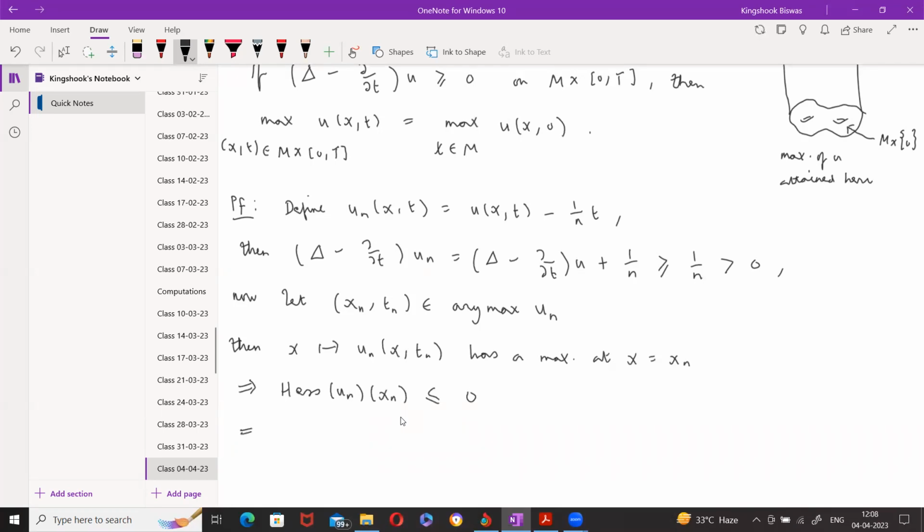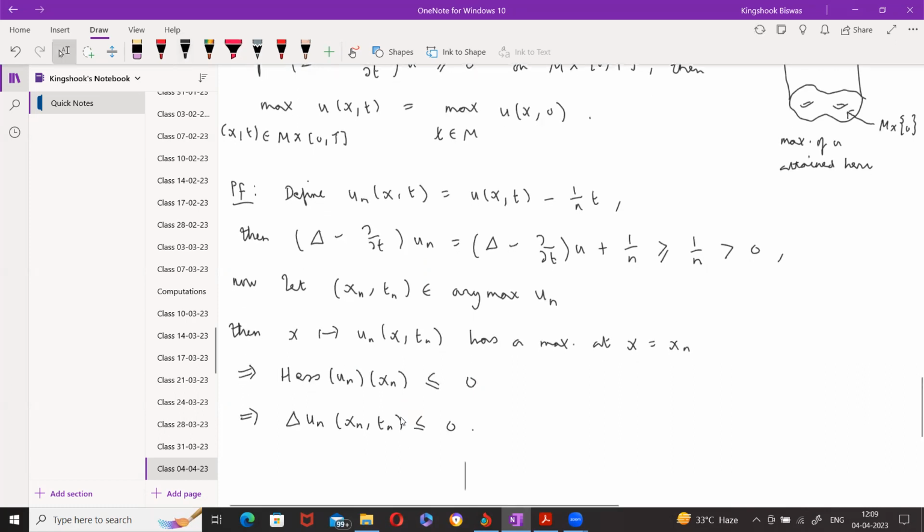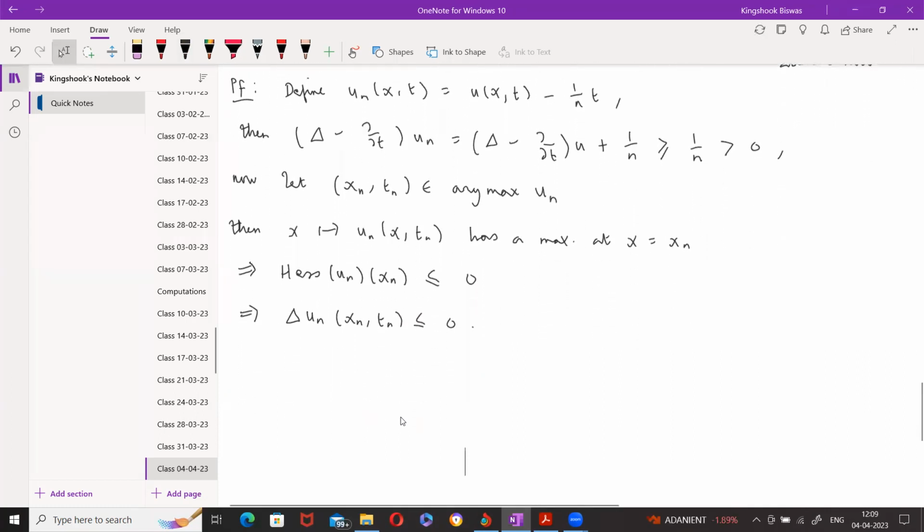So therefore, the Laplacian of u_n at (x_n, t_n) is less than or equal to 0, right? Is this all right?